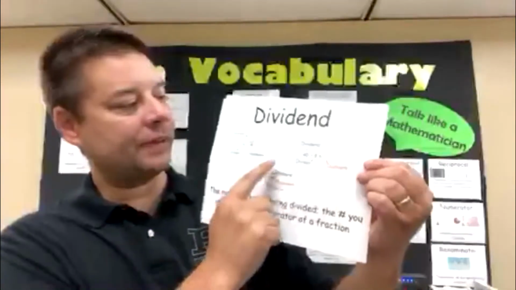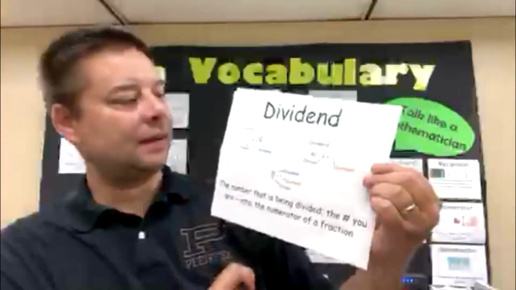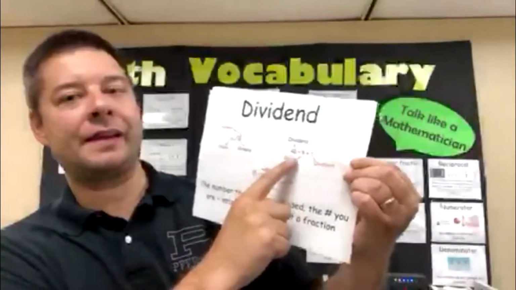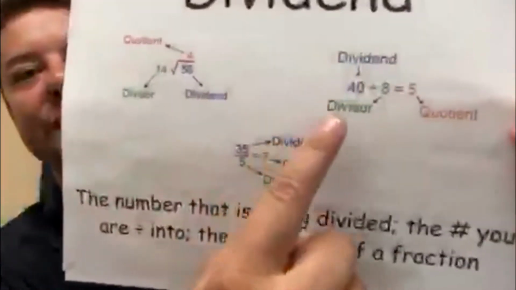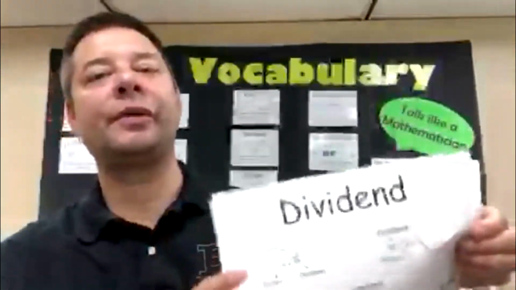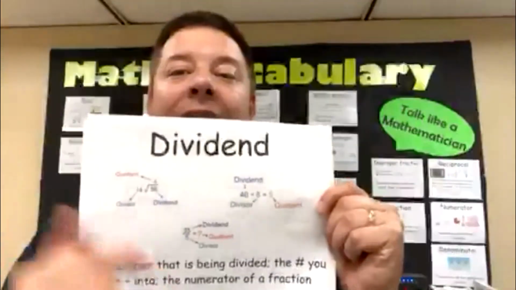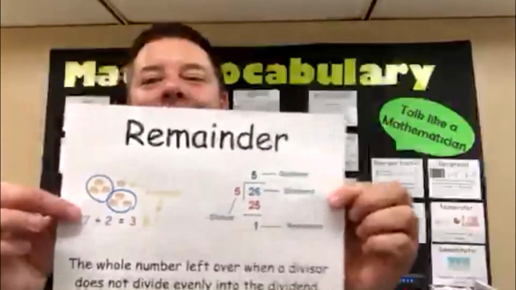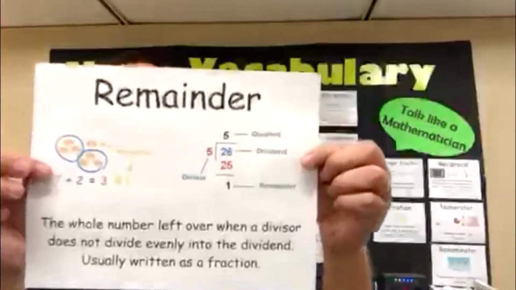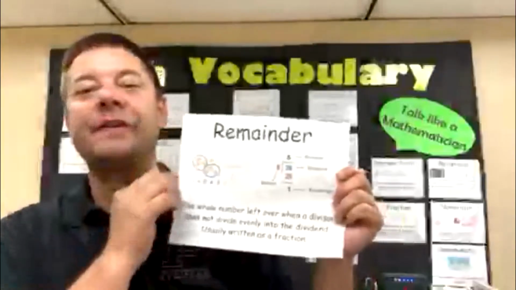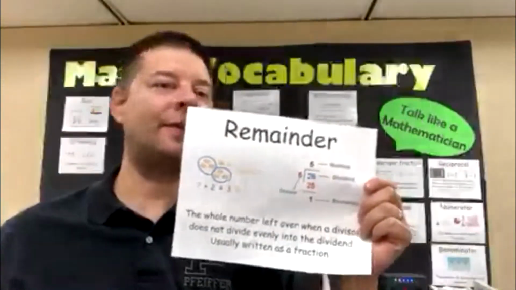So the dividend goes inside of the bracket, or in the case of having it written out as shown here, the dividend is usually going to be the longer of the two numbers, but always the one that's written first. So the dividend divided by the divisor equals the quotient, of course. And then sometimes in a division problem, you will have a number left over. That's the number that remains, so we call that the remainder.